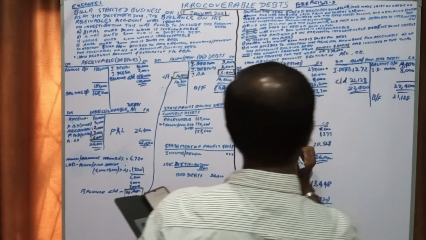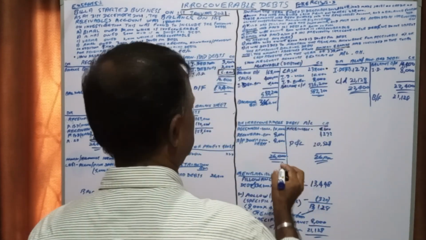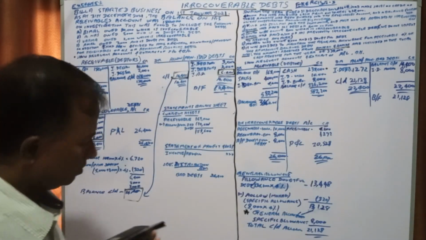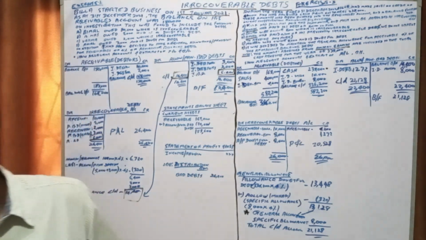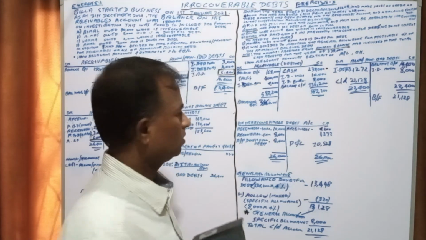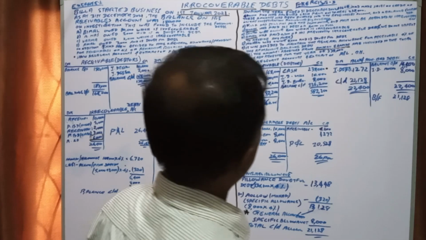This amount goes to the profit and loss account, right? 20,528 goes to the profit and loss account.